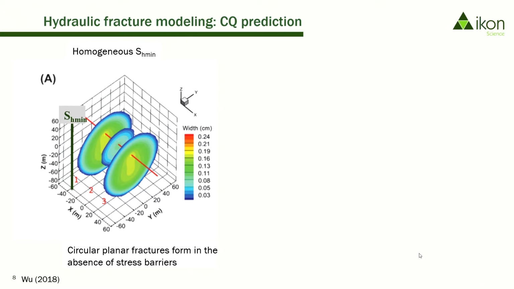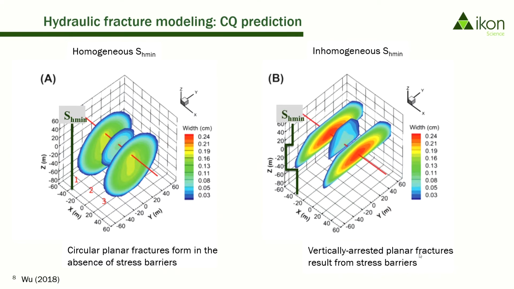What I'm showing here is two models. One is propagating a hydraulic fracture on a background of homogeneous least horizontal principal stress, and another in very inhomogeneous least horizontal principal stress. The homogeneous is on the left, and the heterogeneous is on the right.